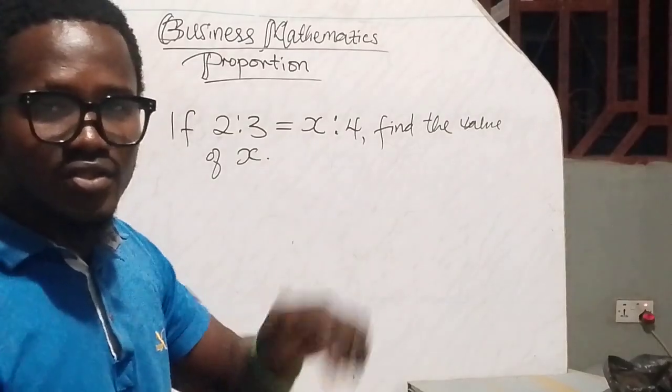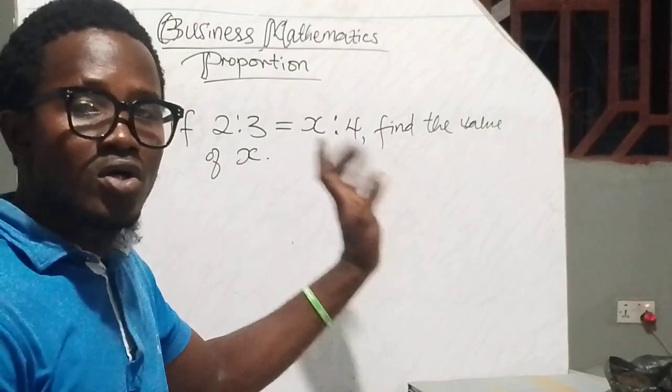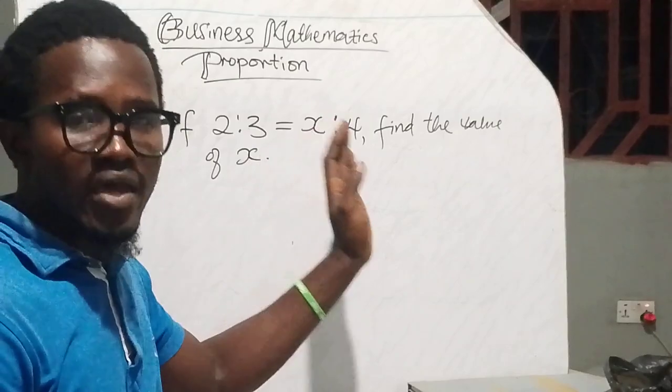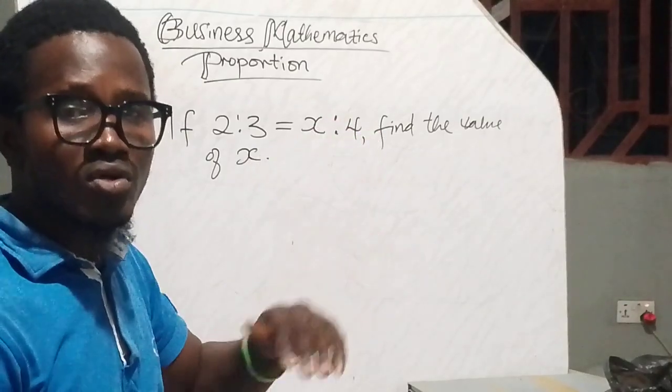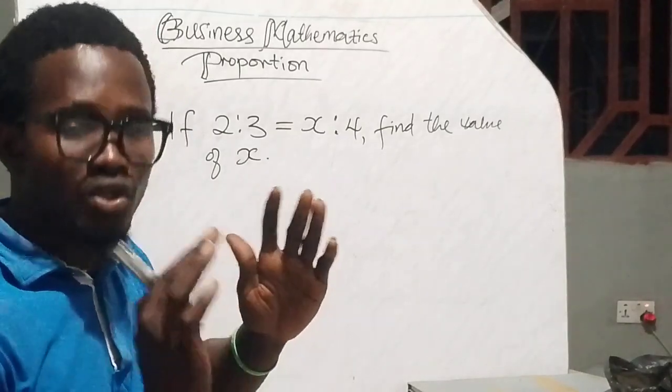Can you see that 2 is to 3 is equal to x is to 4? So 2 is to 3 is a ratio on its own. X is to 4 is another ratio on its own. So now both ratios are being equated to each other.